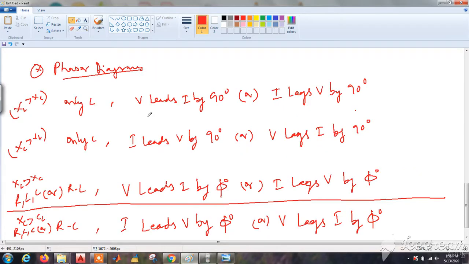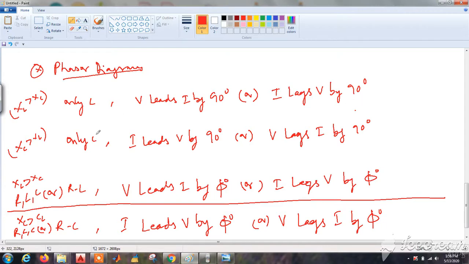And coming to phasor diagrams, please remember that when a pure inductor is there without R, or in case of pure LC where L is dominating, V leads current by 90 degrees, or current lags voltage by 90 degrees.